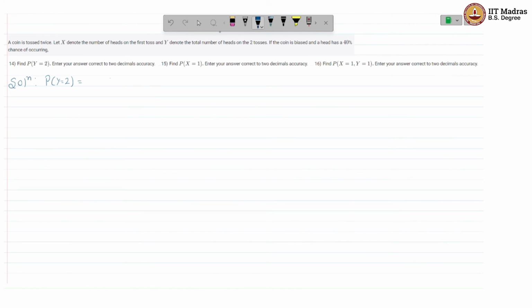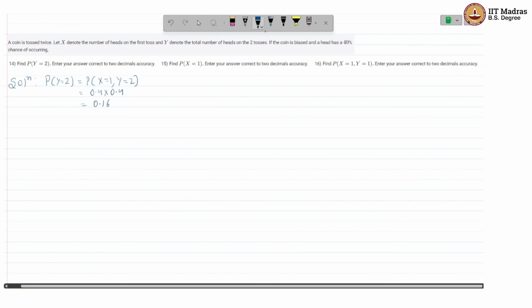So this will be equal to the joint probability that X is equal to 1 and Y is equal to 2. So the probability of getting two heads on tossing the coin two times will be 0.4 into 0.4, which is 0.16, and this is the required answer for question number 14.